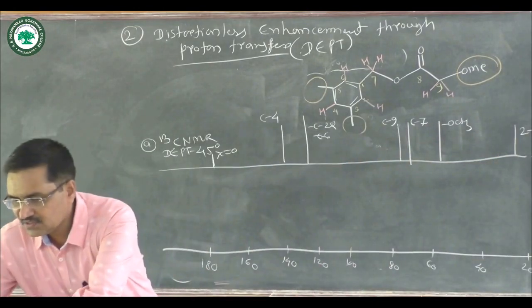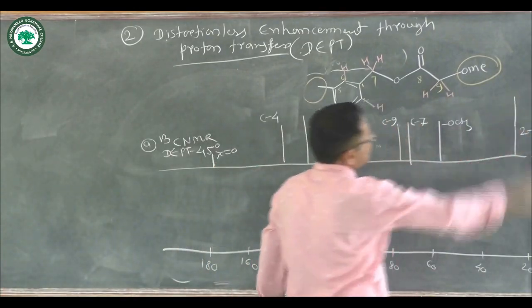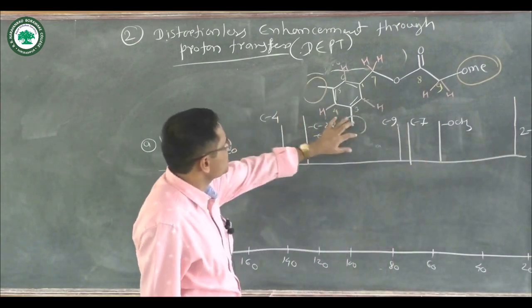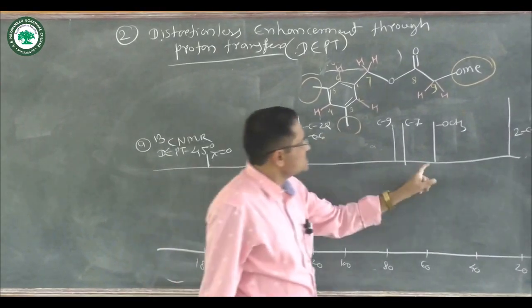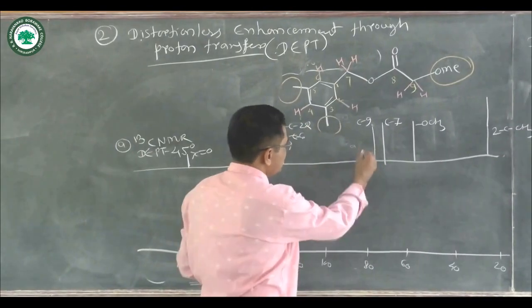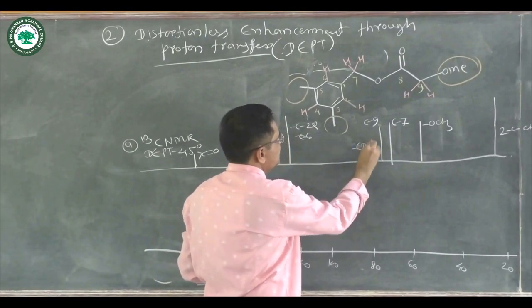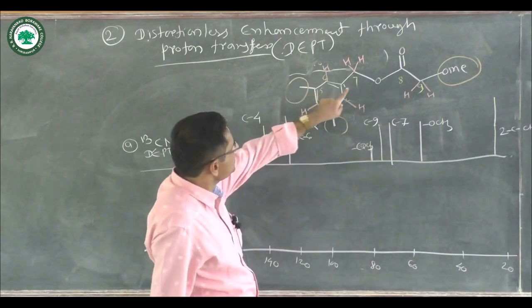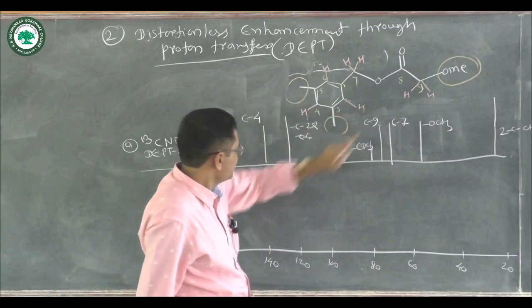Now we will see these signals one by one. This signal has more intensity because it is for 2 CH3 groups. Then this signal is for OCH3. Then here CDCl3, C7, and this is C9.